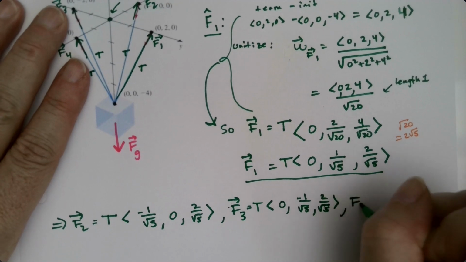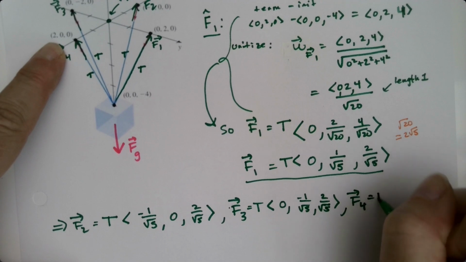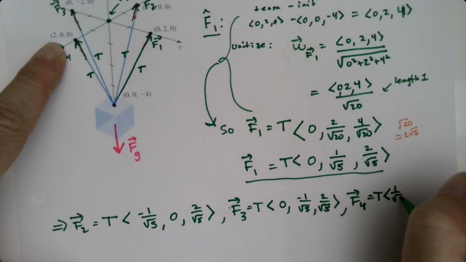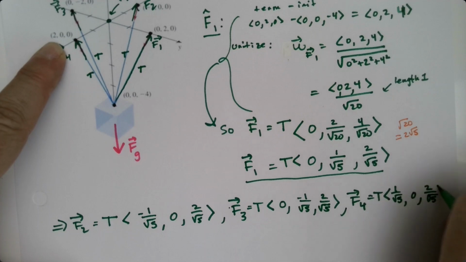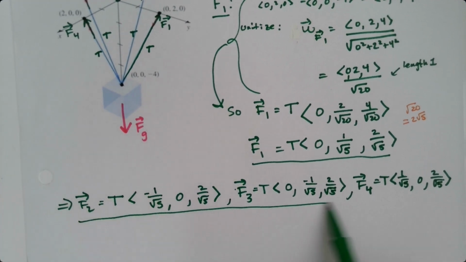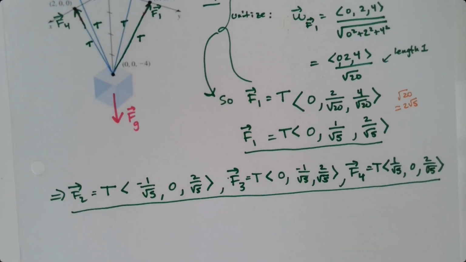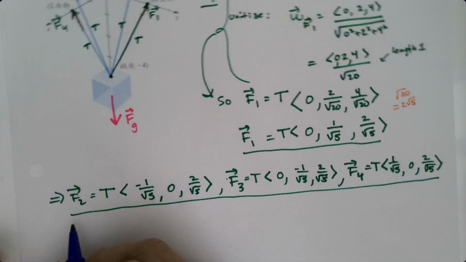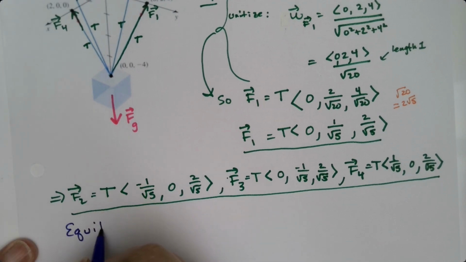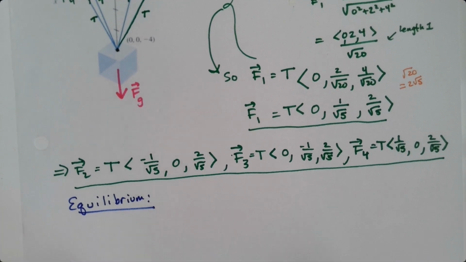And then force 4, if I can fit it in here, we'll have a positive 2 again. So that would be t times positive 1 over the square root of 5, 0, 2 over the square root of 5. Right, there are your force vectors, all of them. You have your force due to gravity plus these other 4. Now to make equilibrium, so that this is going to hold, you need to add up all the pieces, right?